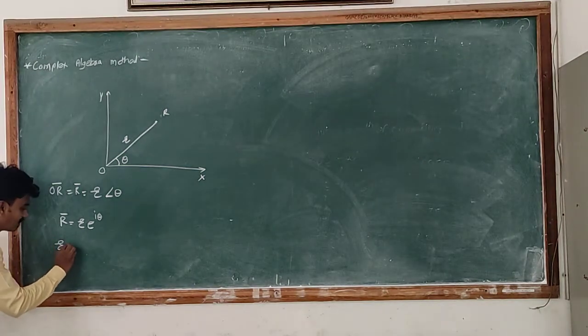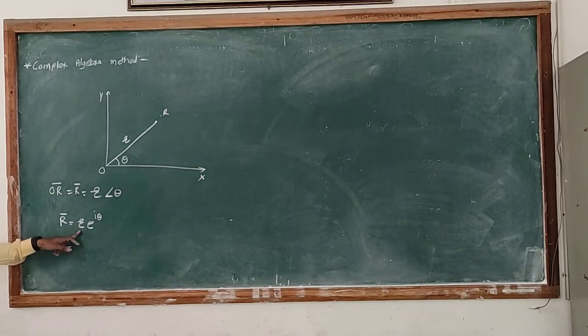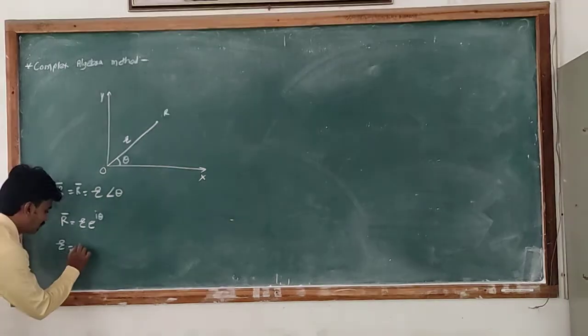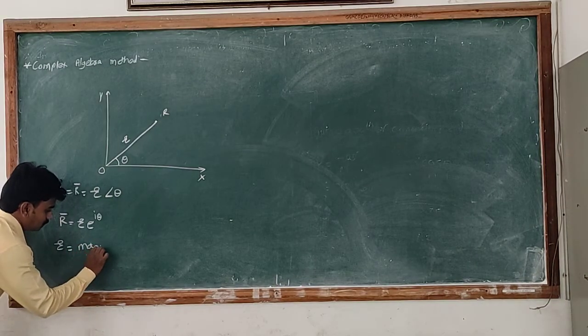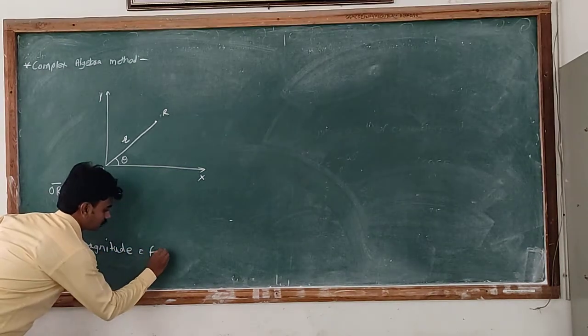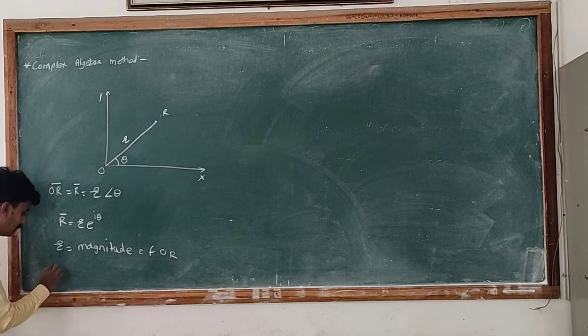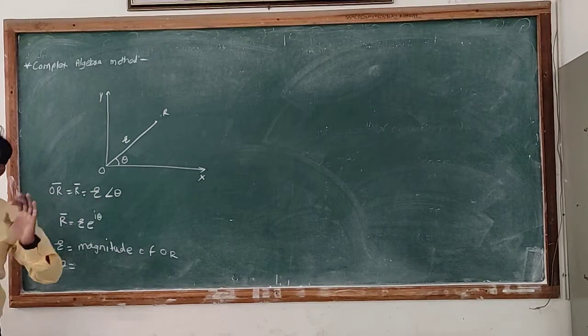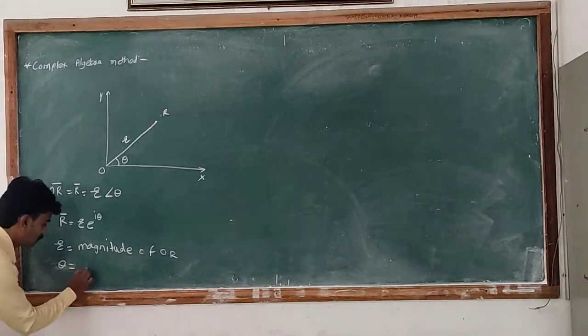Here, what is r? r is the magnitude of OR, and theta is the direction of OR.